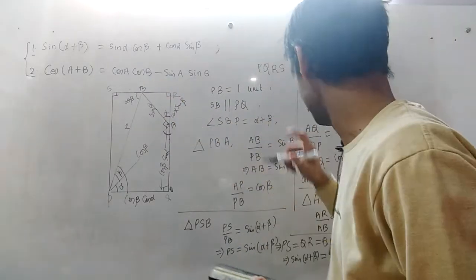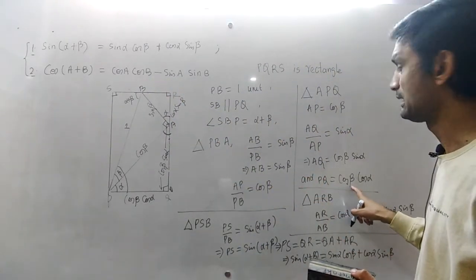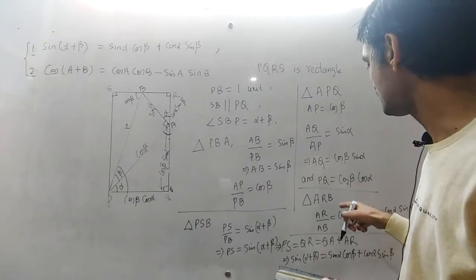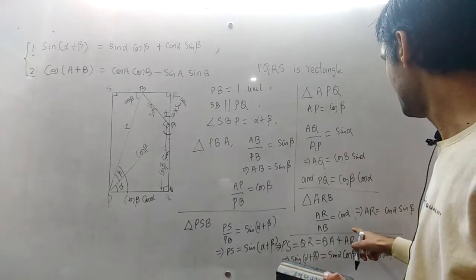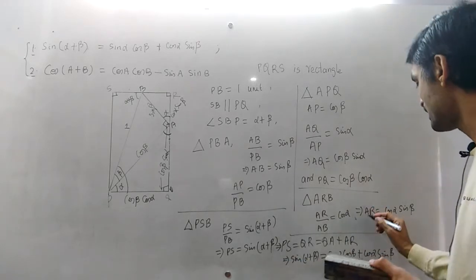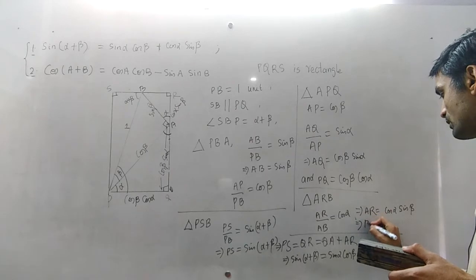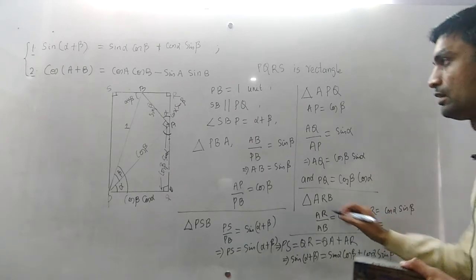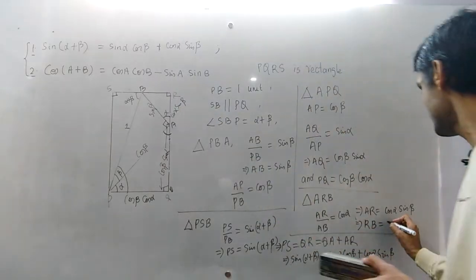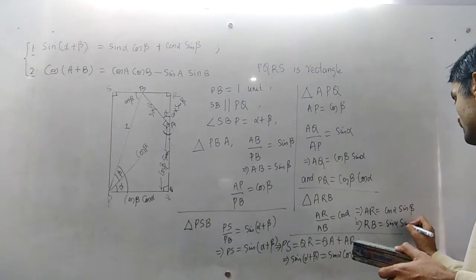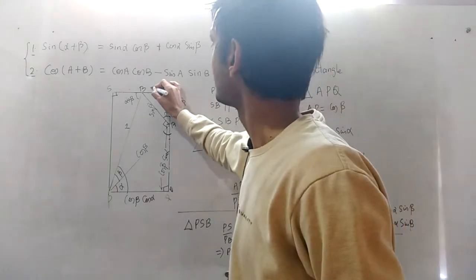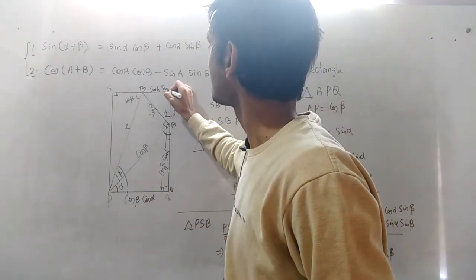This length is cos alpha, and in triangle ARB, AR we have calculated, so we can calculate RB also. RB is nothing but sin alpha sin beta. So this length is sin alpha sin beta.